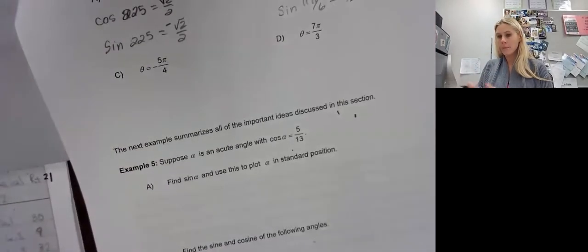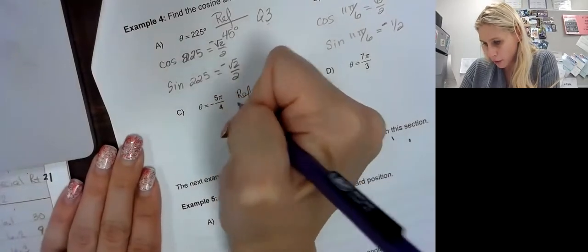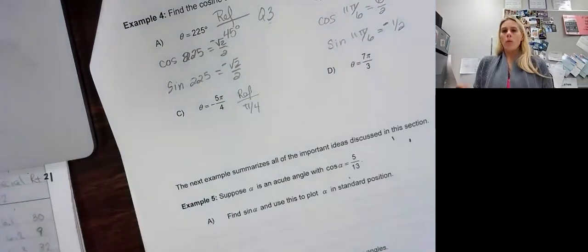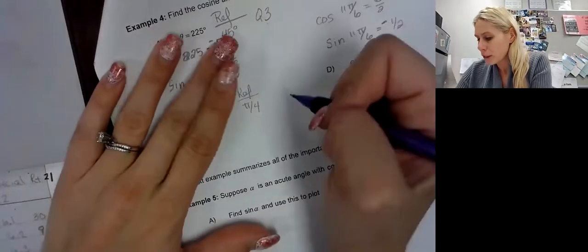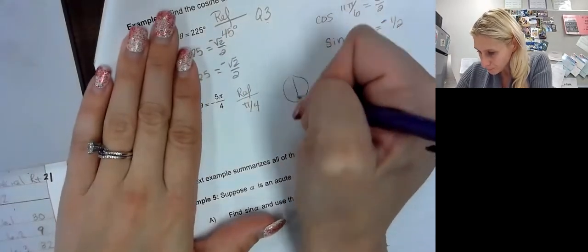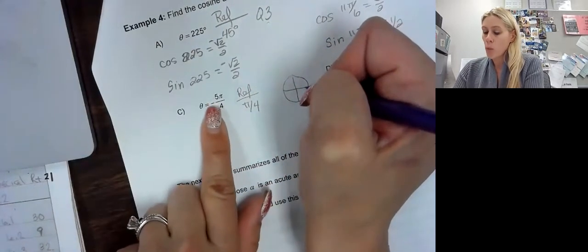All right, this one's going to be a little bit different. The reference angle is easy to compare, so it's over 4, so it relates to pi over 4. That's nice. But when we think of negative 5 pi over 4, I need you guys to remember that this is negative, which means we're going clockwise. Okay? So we're going clockwise. As you can see, we have 1 pi in there.